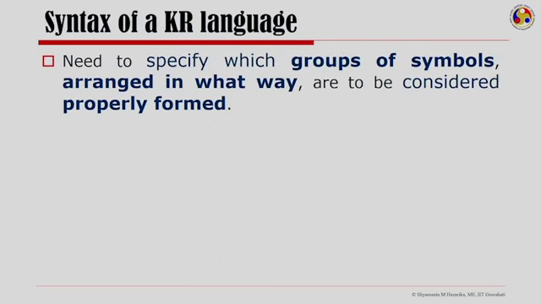Now, we will take a moment to understand what we mean by the syntax of a KR language. In any knowledge representation, there would be a group of symbols arranged in some way. But what would be considered properly formed and what would not be is defined by the syntax of that knowledge representation language.